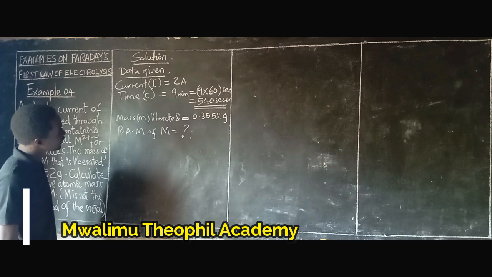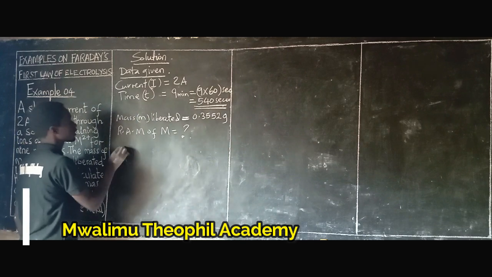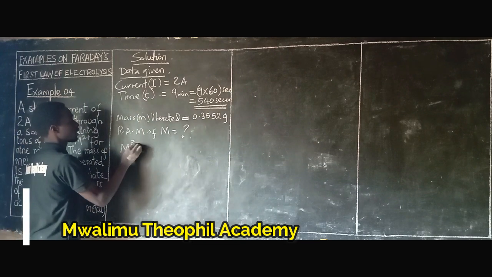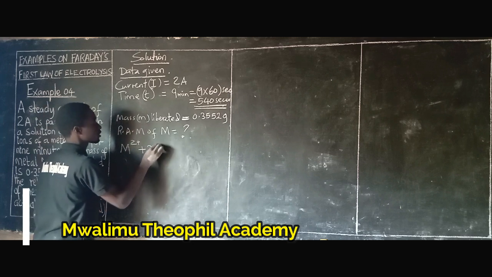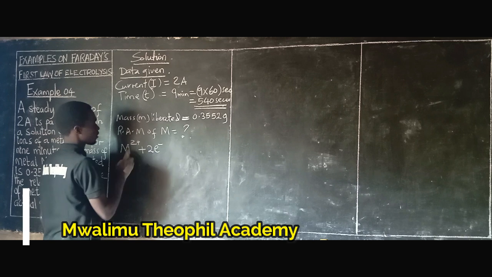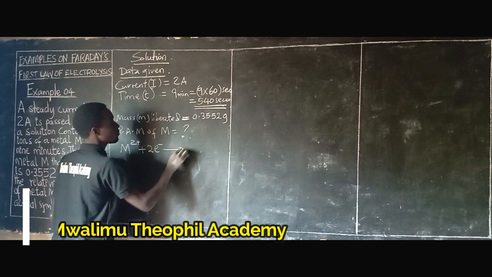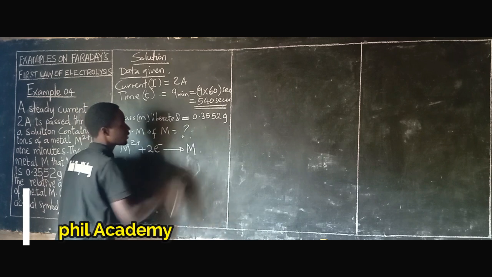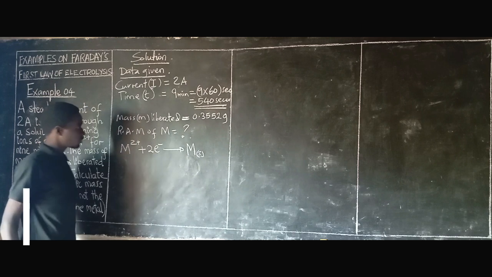Now let us start looking at this equation. At the cathode, M ions will gain 2 electrons. 1 mole of M ion will gain 2 electrons to form M as a metal, as you see here. Now, what next?